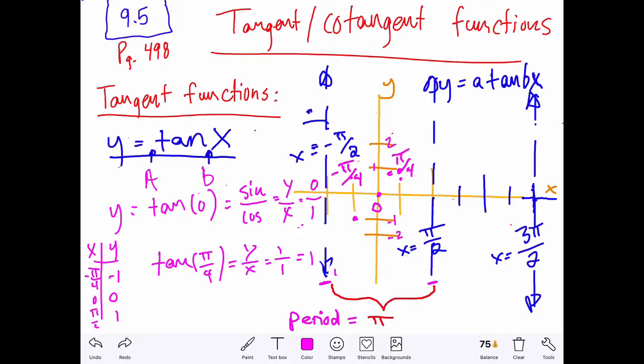Okay, and then I'm going to draw my graph, and it's going to look something like this. Okay, so notice, it goes through 0, 0. At negative pi fourths, my y value is negative 1. And at pi fourths, my value is at positive 1. So essentially, that's my, you got it, amplitude.